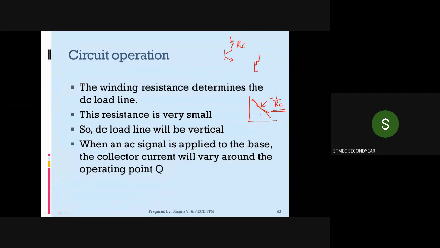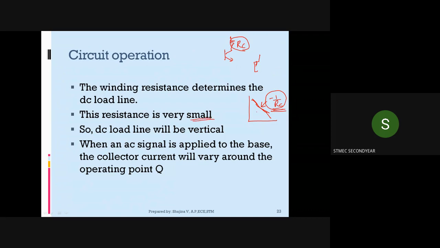Here, instead of this RC, we are connecting the primary terminal of the transformer, right? So here, the winding resistance determines the DC load line. That is, the slope of the load line depends upon the winding resistance. As we already said, the winding resistance of this transformer will be very small.